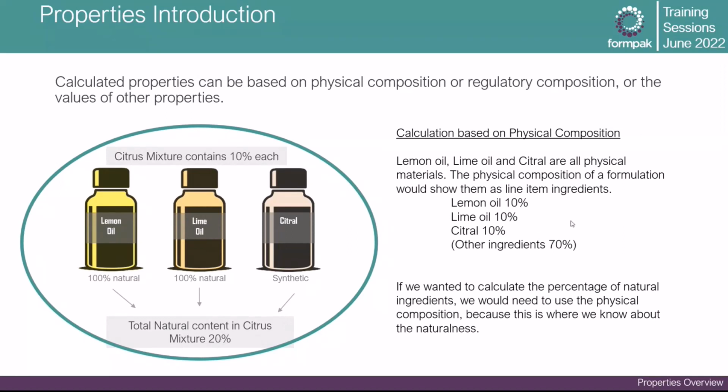This is an example of a calculation based on the physical composition. If we want to calculate the natural percentage, we need to look at the physical composition because that's where we know about the naturalness. The components of each of these don't tell us about the naturalness, only the physical components do.